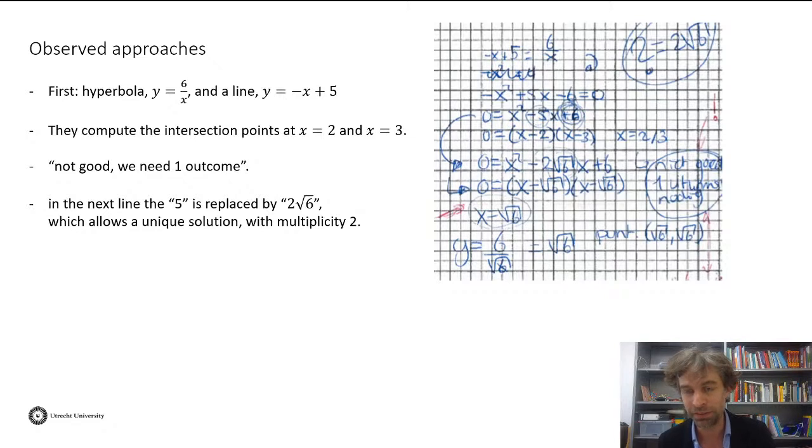We want one solution. And okay, I have to admit, these students are the clever ones. They are really good because somehow from thin air, they've decided that their equation should look like x minus the square root of 6 times x minus the square root of 6. Then they would have a double solution.